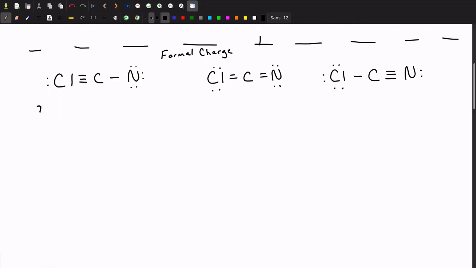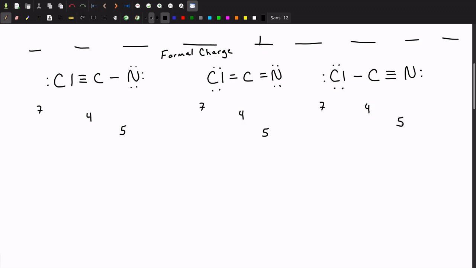So for each of the chlorines, we have 7. For each of the carbons, we're going to do 4. And for each of the nitrogens, we're going to start with 5.